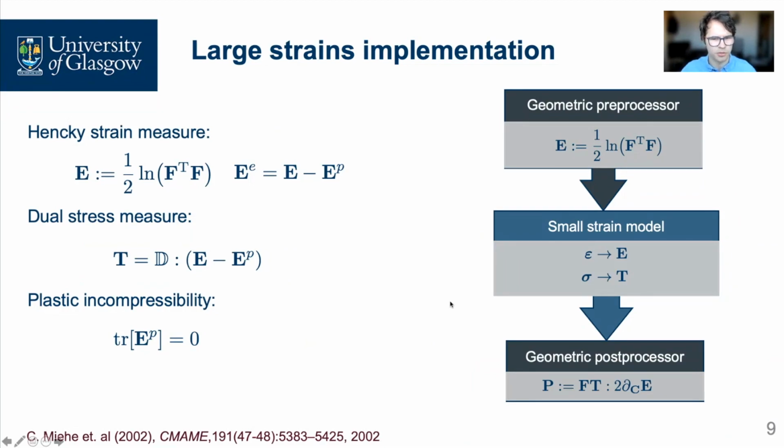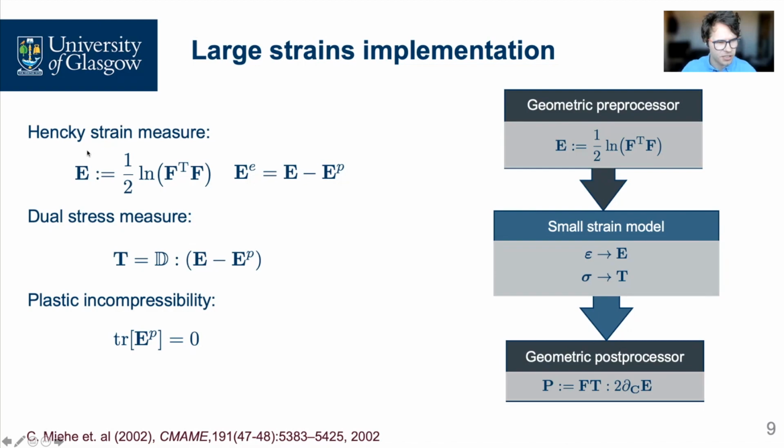So for this, we will use the kinematic formulation proposed by Professor Mihai in this paper. This approach makes it possible to extend classical small strain constitutive relations into the finite strain setting. It's particularly useful when we deal with large rotations and moderate strains, which will be great for our plasticity.